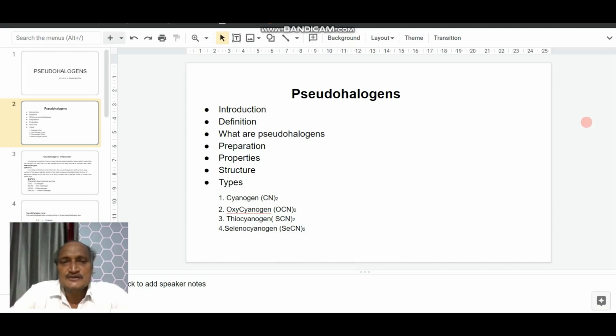So in pseudohalogens we have to see totally 4 types, that is cyanogen, oxycyanogen, selenocyanogen and thiocyanogen.